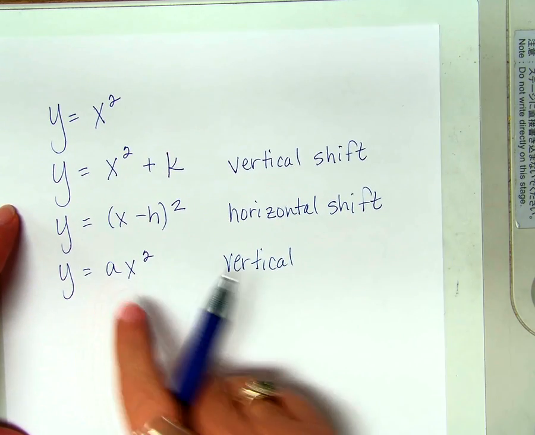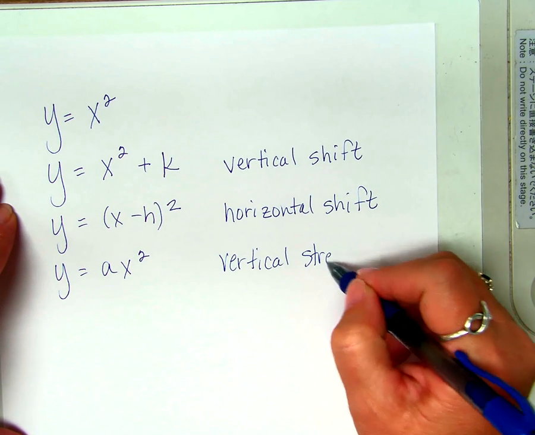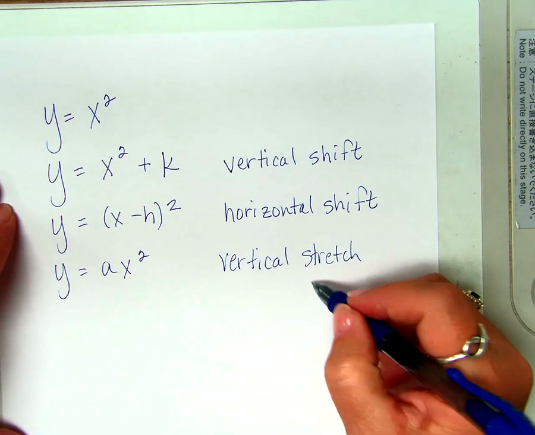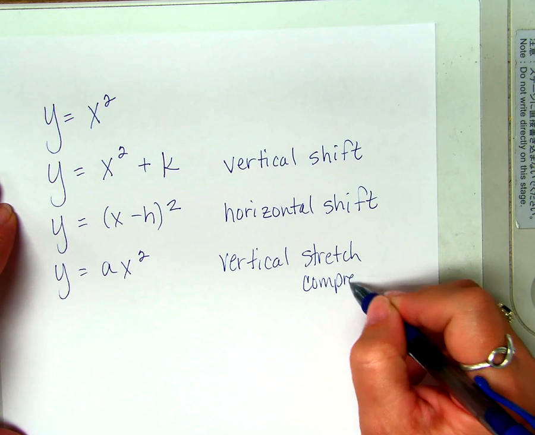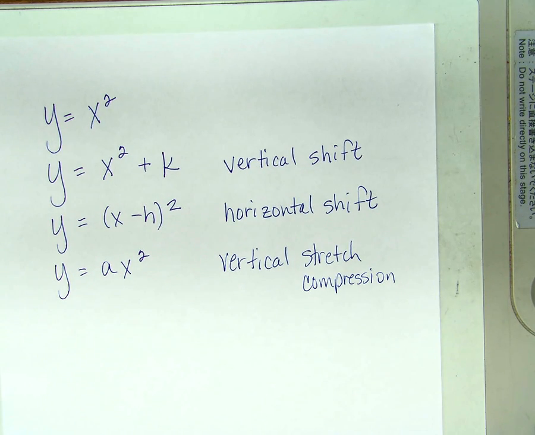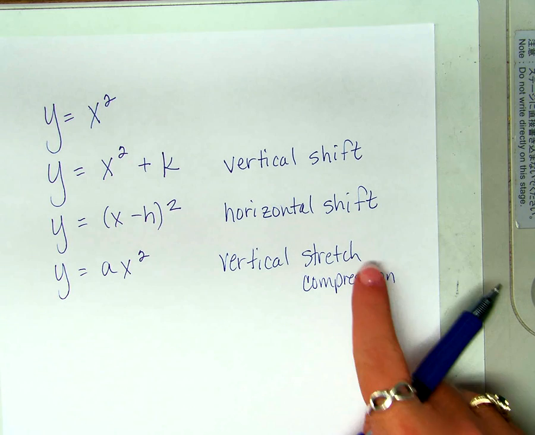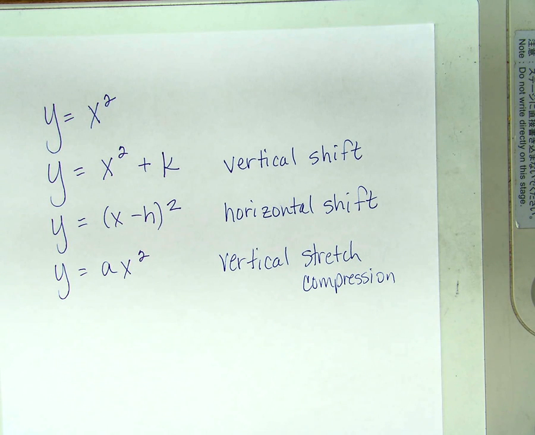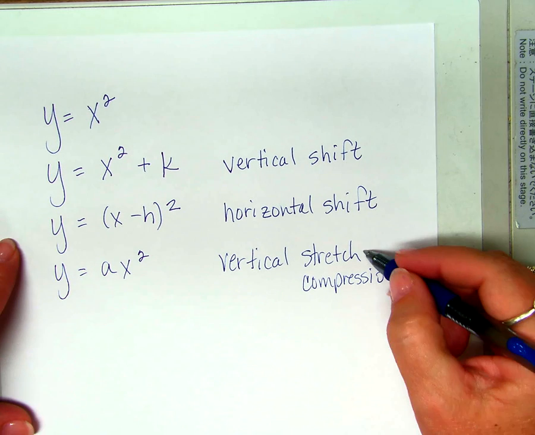And depending on what this number is, it's either going to cause a stretch or a compression, depending on what the number is. What number do you think would cause a stretch? Give me an example of a number that you think might cause a stretch. 2? Yes. A 2 would cause a stretch.